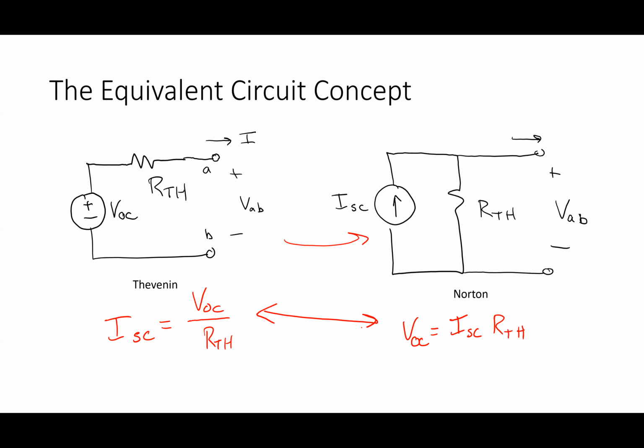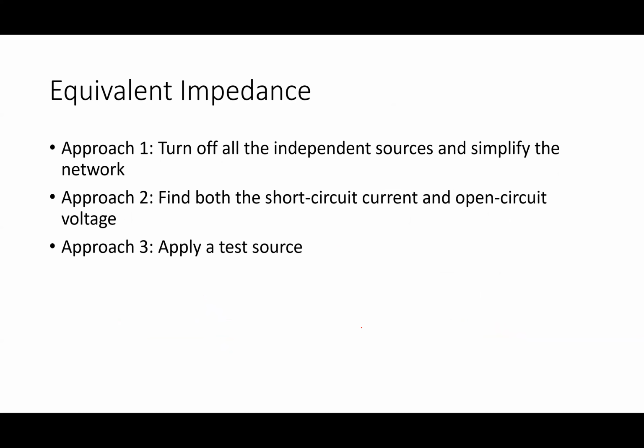And so there are a couple of approaches we have with these. Approach number one only works with no dependent sources. It does not work once I have dependent sources. I turn off all the independent sources and just simplify the network. Approach number two is to find the short circuit current and the open circuit voltage.